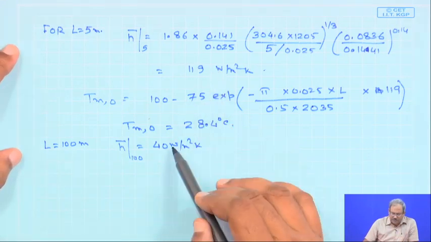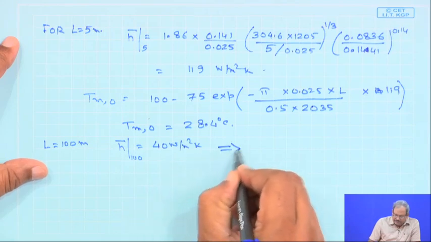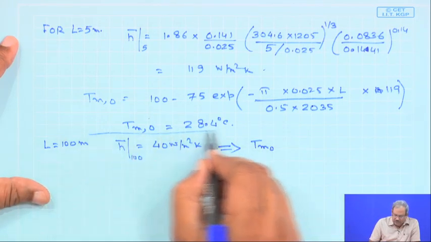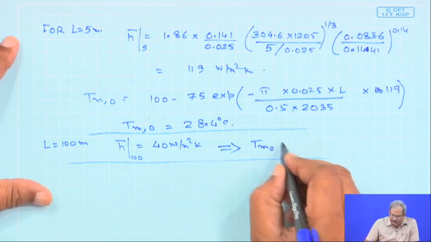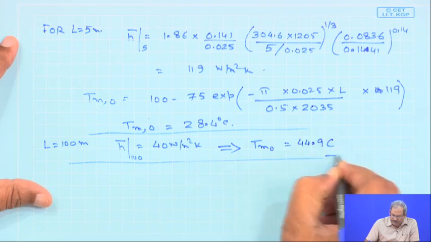So, you would be able to see the variation of H with length, and when you apply this over here, the TMO for the case of 100 meters will turn out to be 44.9 degree centigrade. Okay.